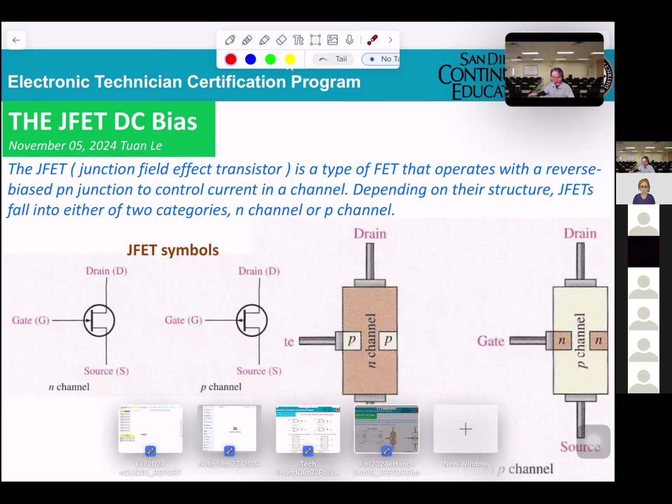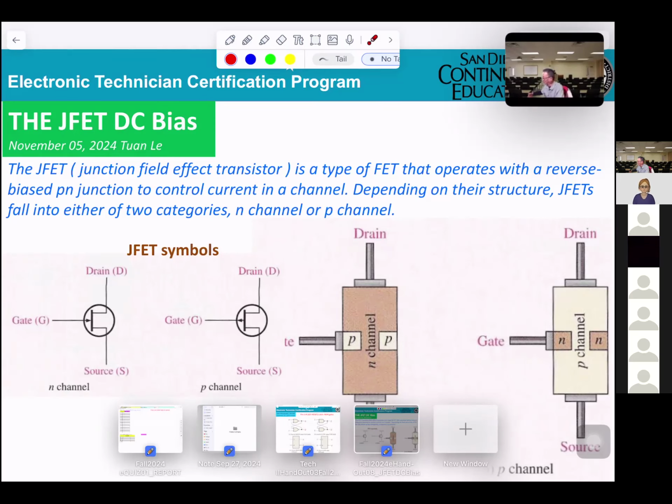Okay? So the JFET is the junction field effect transistor, a type of FET that operates with a reverse bias PN junction.